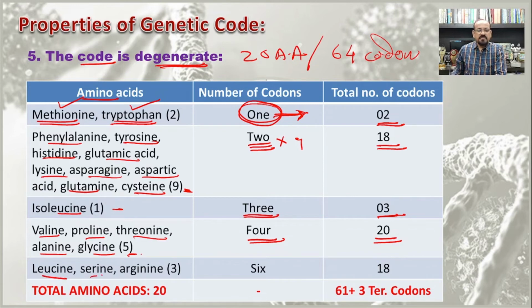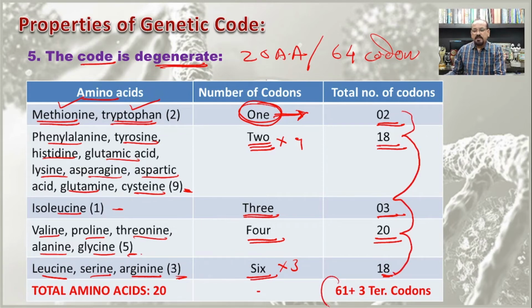Then leucine, serine and arginine, that is 3 amino acids, are specified by 6 codons each. So total 6 into 3 is 18. It means that 2 plus 18 plus 3 plus 20 plus 18 becomes 61 codons.